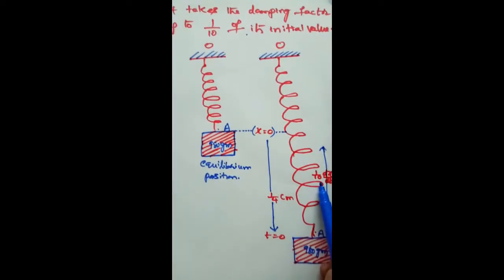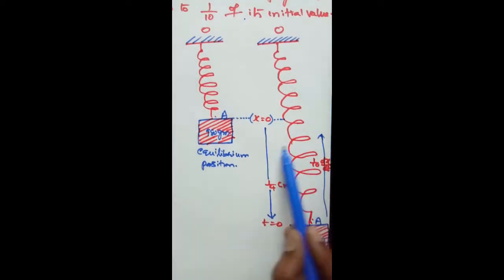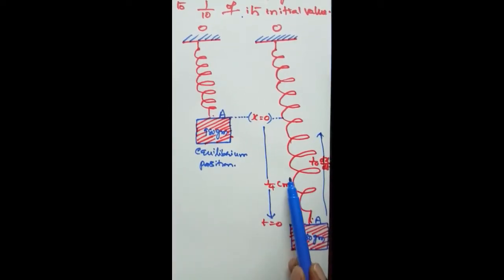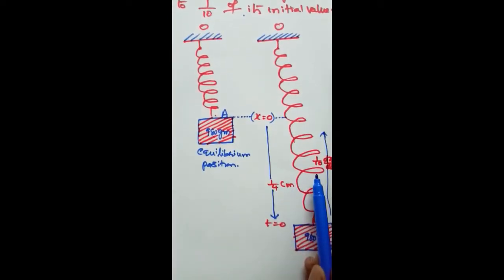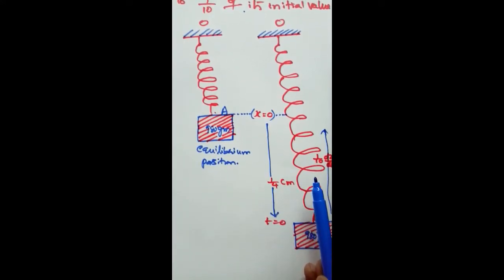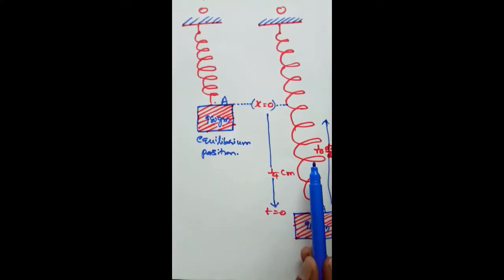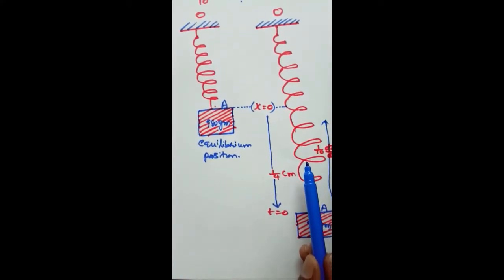Therefore net force is equal to spring force plus damping force. We know that damping force is equal to minus lambda into dx by dt, since F is proportional to dx by dt, and lambda is the constant of proportionality.